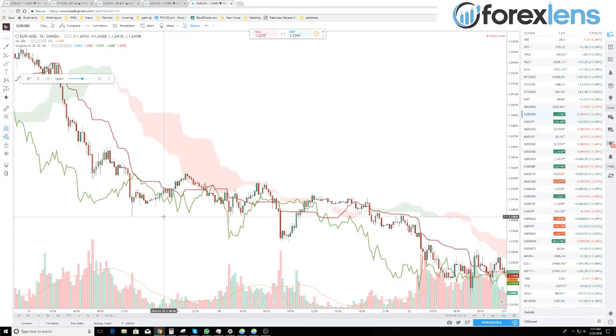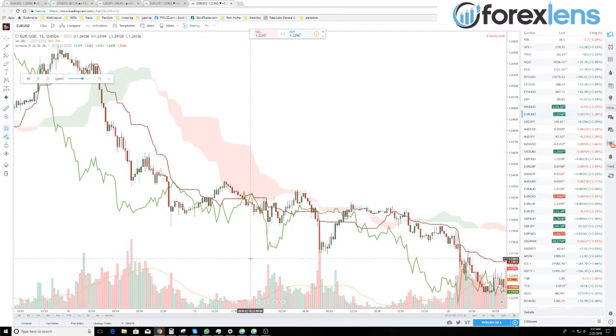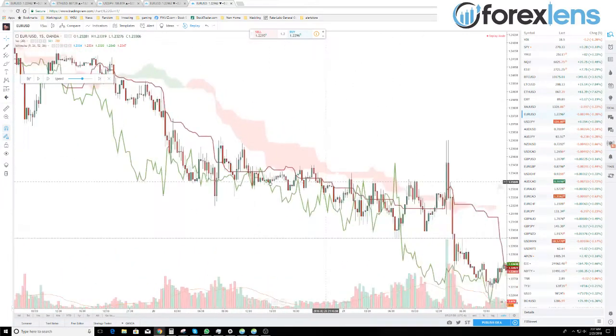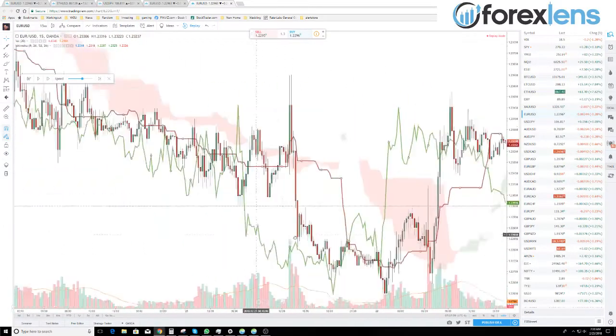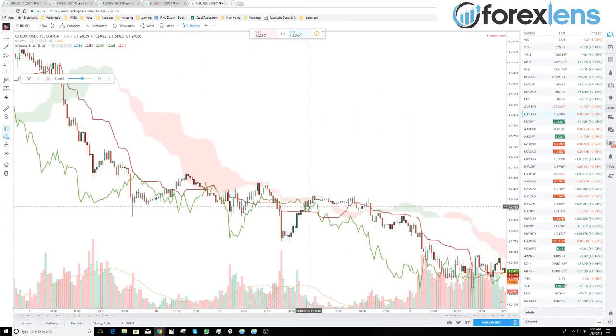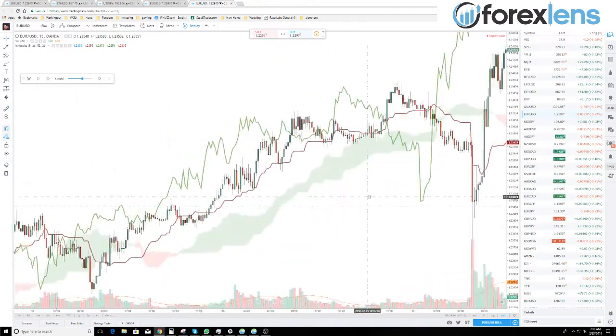When you start to see this happening, and here's like Bollinger Band squeezes, okay? You don't need Bollinger Bands if you're using Ichimoku, because you know when you are in a squeeze: that is when price is trading inside the cloud and it's flat. Then you know you're in a squeeze.